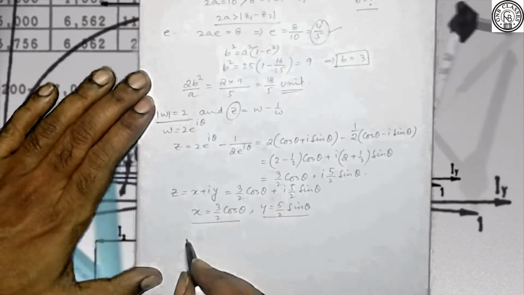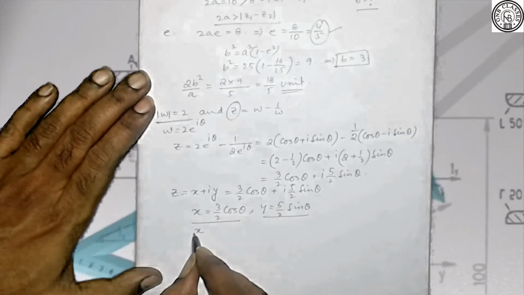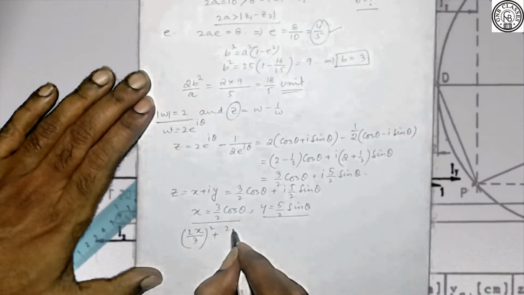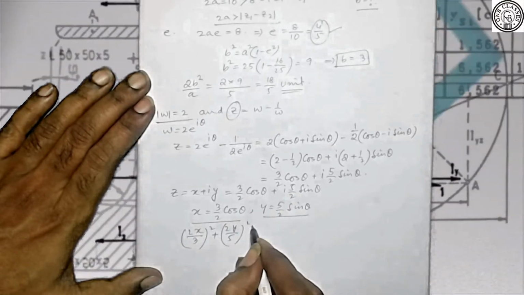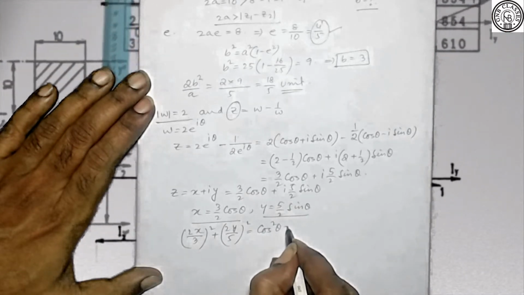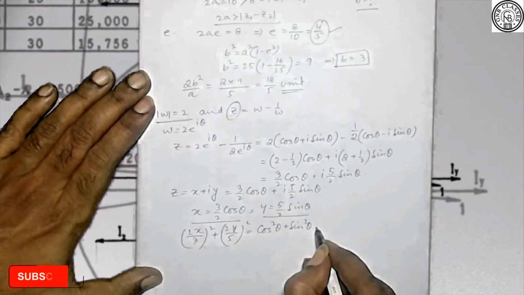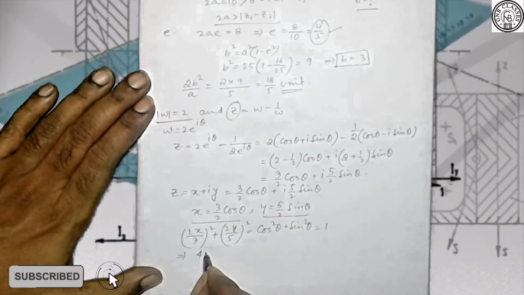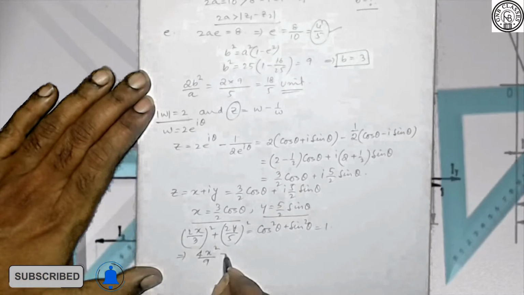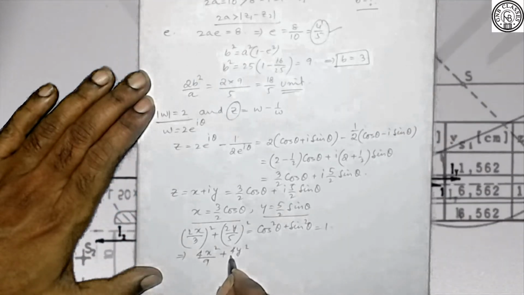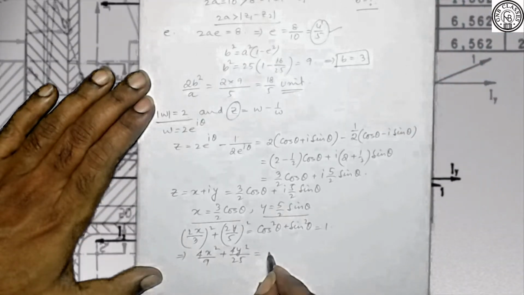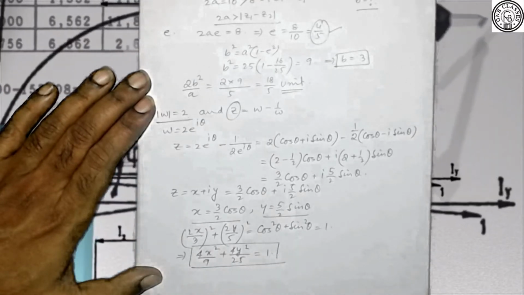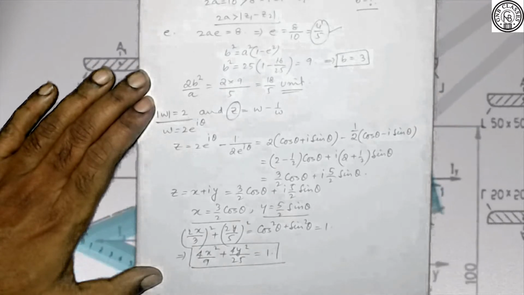Therefore, if I eliminate theta, we get 2x by 3 whole square plus 2y by 5 whole square, that gives us cos square theta plus sin square theta, which is nothing but 1. So from there we can write 4x square by 9 plus 4y square by 25 equals 1. Yes or no? So this represents an ellipse.